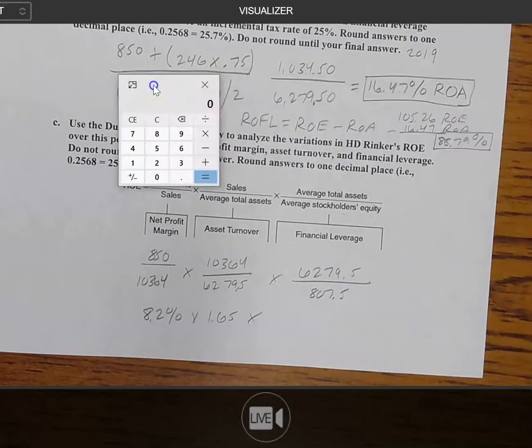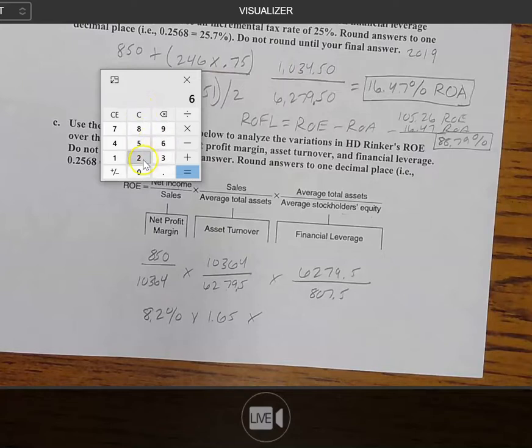So let's see what we have for our leverage figure. 6279.5 divided by 807.5 gives us 7.776.